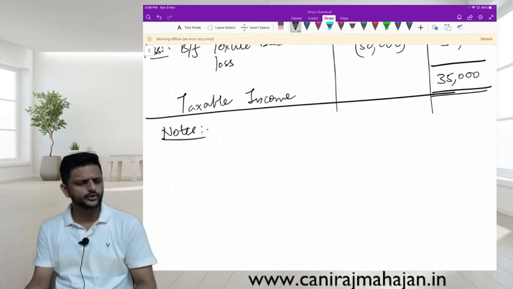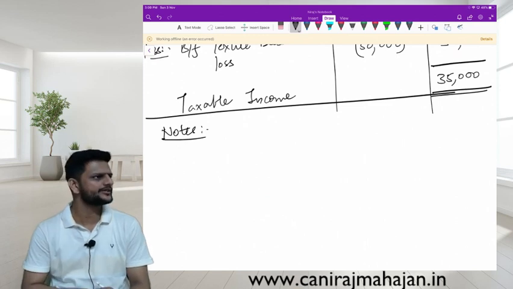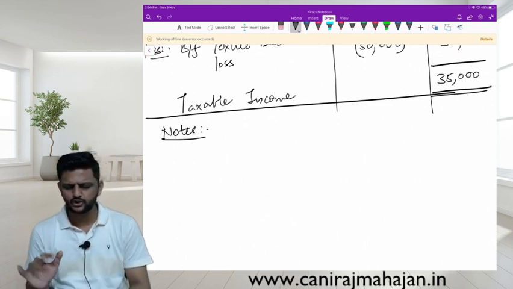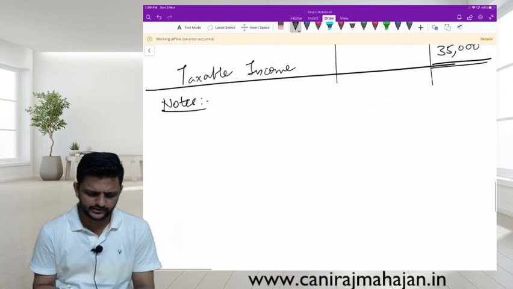There is only one loss which could not be carried forward or which is still remaining to be set off. That's it. The brought forward business loss could be set off. So right, we will just write down one point.